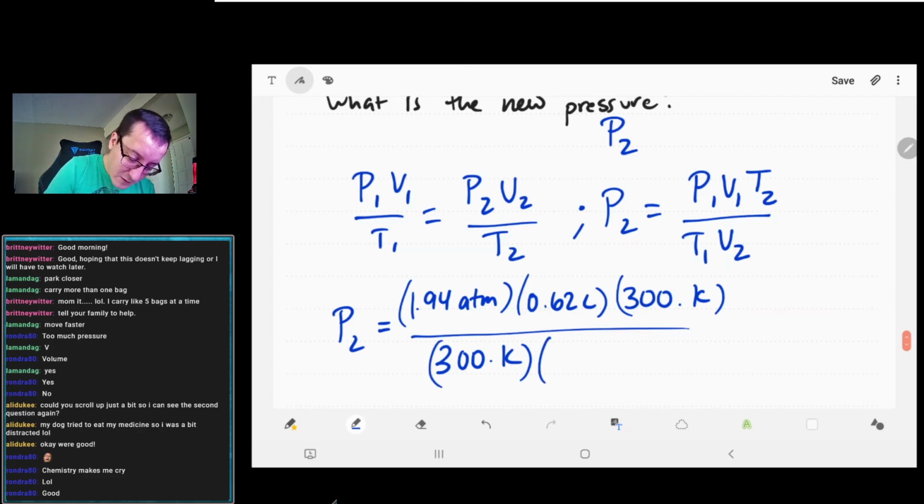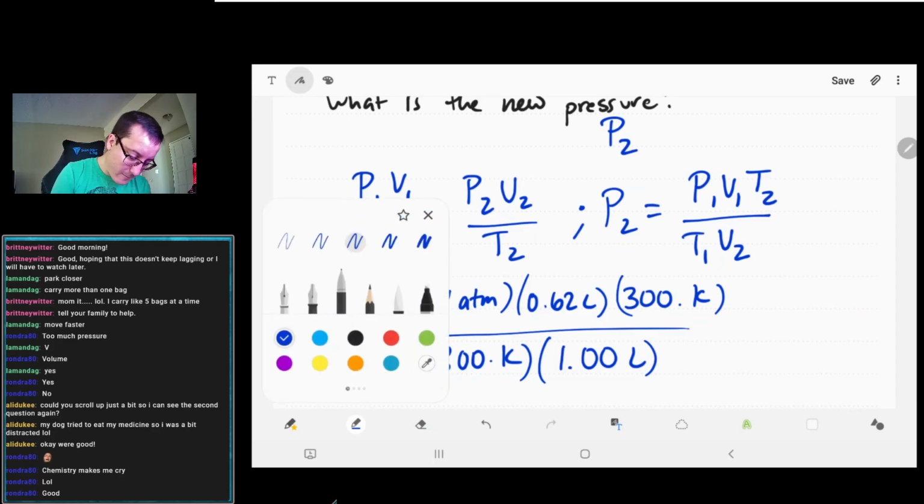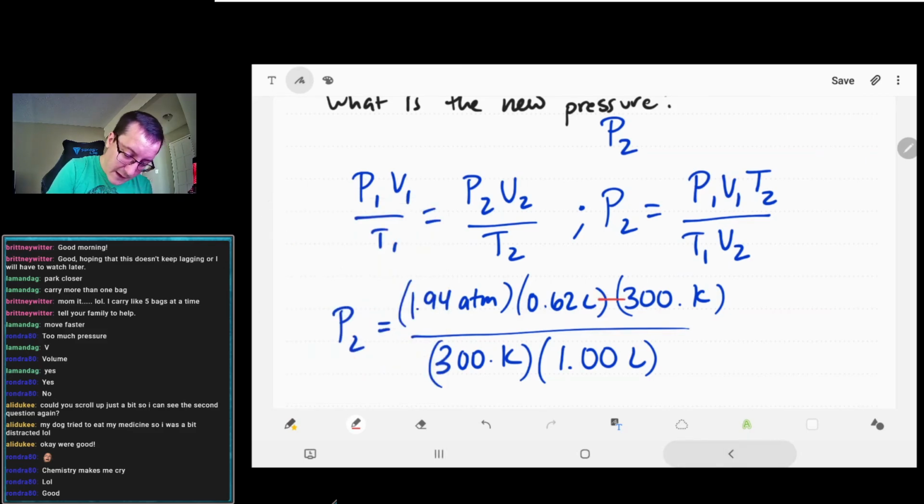And volume 2, I think, was 1 liter. So notice liters cancels, and in fact our entire temperature will cancel. We don't even have to worry about temperatures, since it's not changing. Who cares? Forget about it. We can do this math.